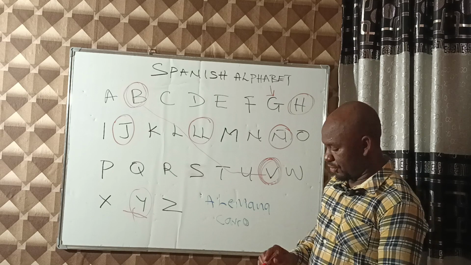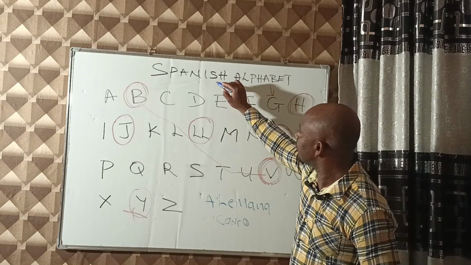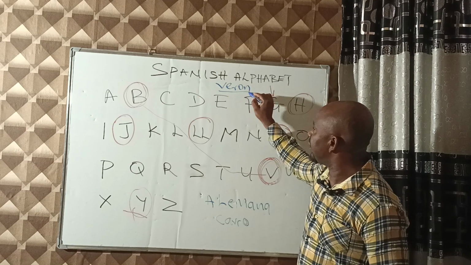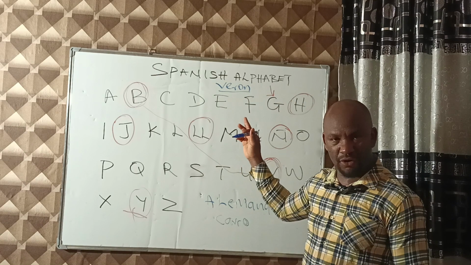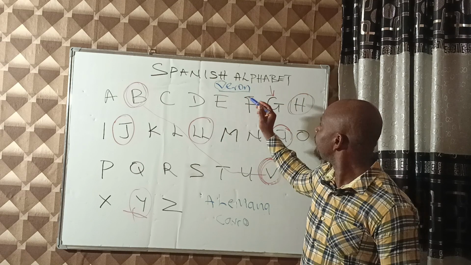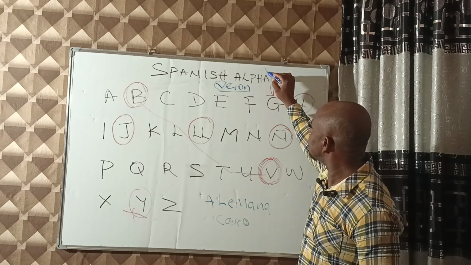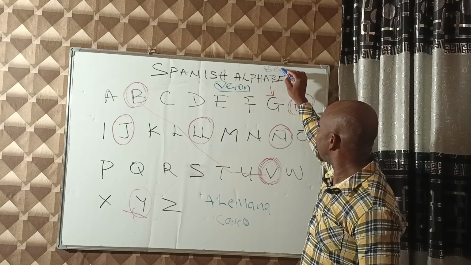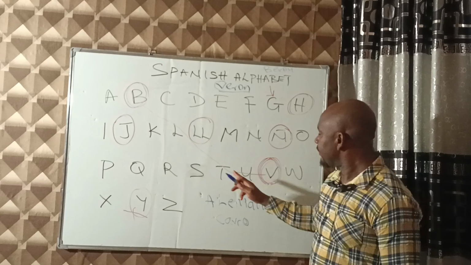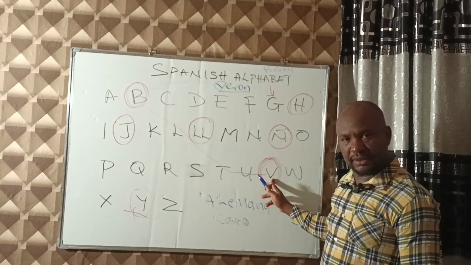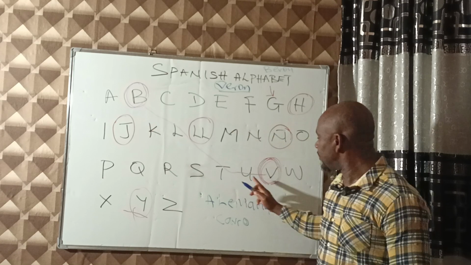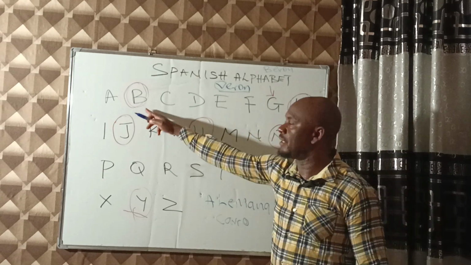For example, you have a word like this. In English, you could say that it's Veron. Actually, it's not Veron. It is Beron, which is pronounced like this, Beron, right? So V does not exist in Spanish. What exists is B. So whenever you see V, you pronounce it as B.